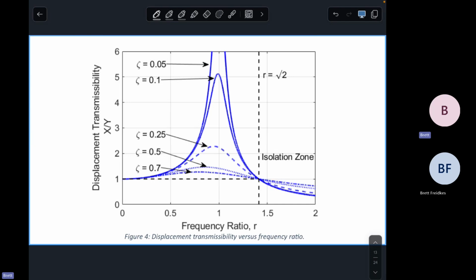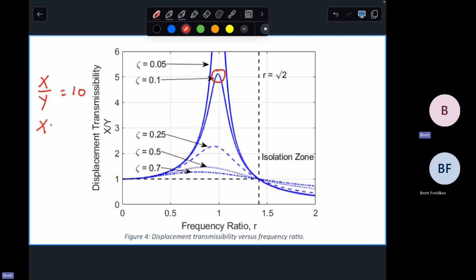If we look at this graph, another thing we can pick out, let's just say we look at this point here at resonance. Let's say that's approximately 5, the displacement transmissibility. So if the base is moving at an amplitude of 2, what is the amplitude of x?